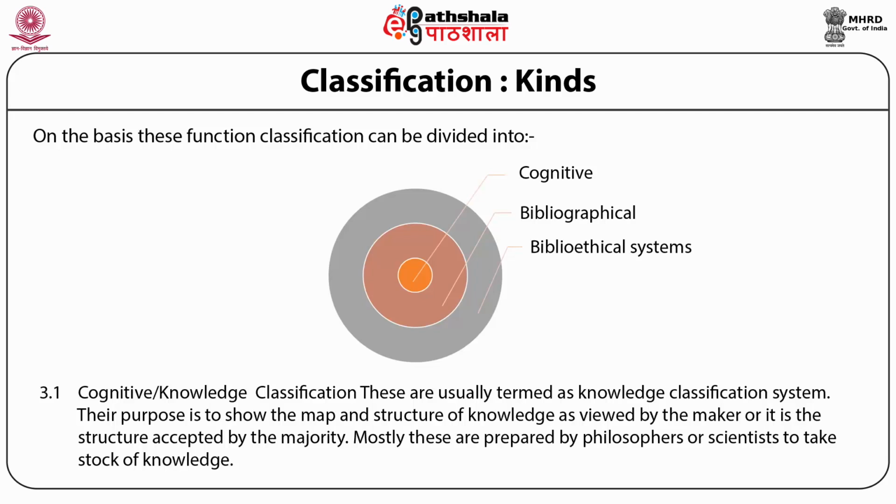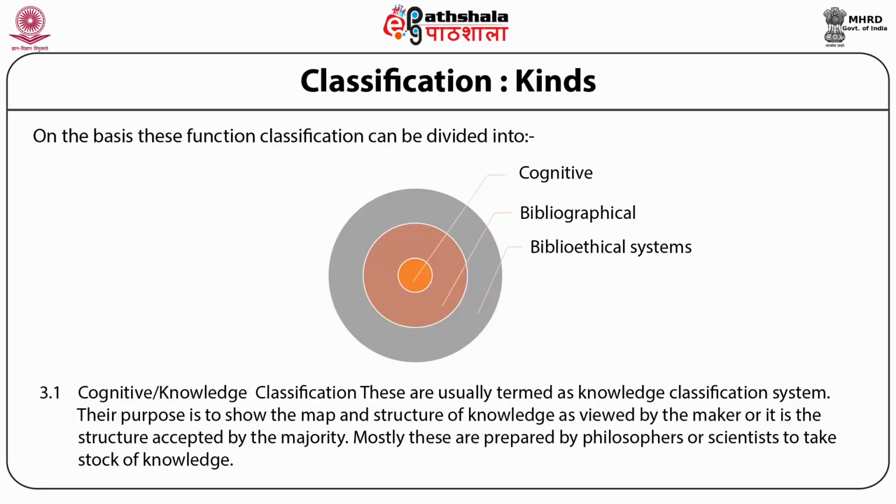For example, Henry Bliss spent most of his time in discovering the map of knowledge, and he wanted to reflect that knowledge in his classification, which was accepted by the majority of the scientists and philosophers. And it was known as consensus classification, which was among the consensus of these philosophers.